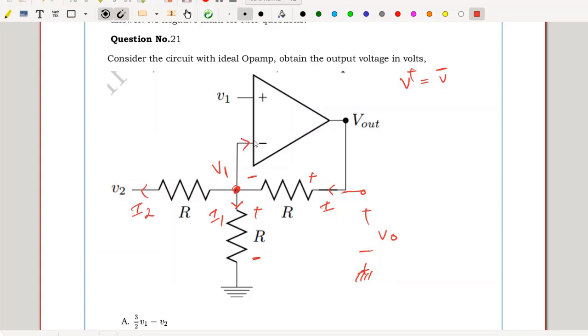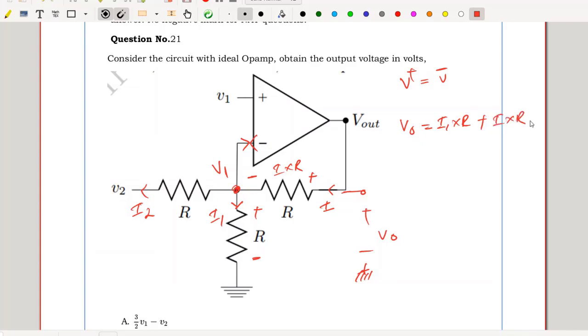Because there is no current into the op-amp, there is no current from the op-amp. So the output voltage V out is nothing but I1 multiplied by R plus I multiplied by R.